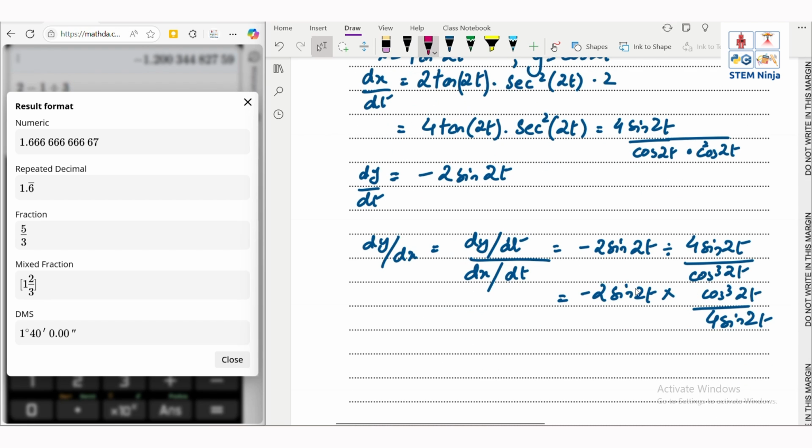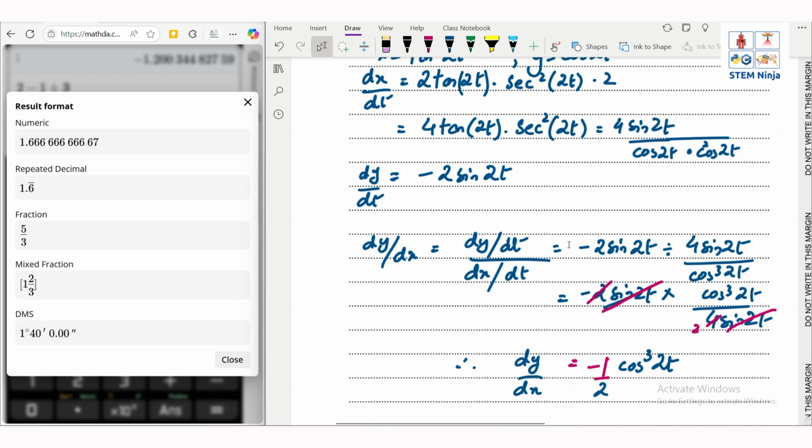So sine 2t gets cancelled, and 2 times 2 is 4. So minus 1 over 2 cosine cubed 2t. That is your dy by dx.